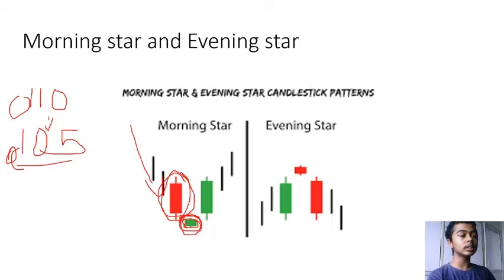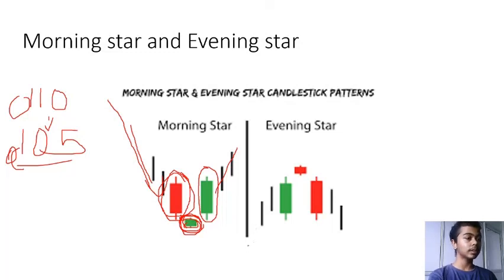On Wednesday there is indecision, and on Thursday there is a big green candle, after which we can expect the market to go up. This is also a reversal pattern. So when the market is coming down and this happens, we can expect the market to go up.